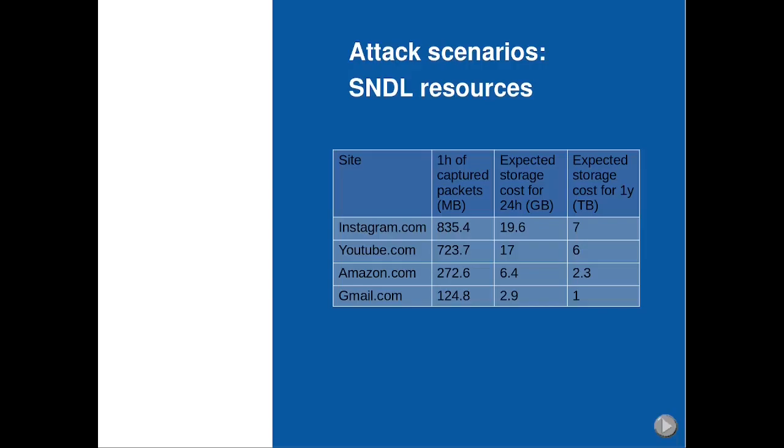On Instagram, 1 hour of navigation rendered 835 megabytes of information. On youtube.com, it was 723 megabytes. On amazon.com, it was 272 megabytes.